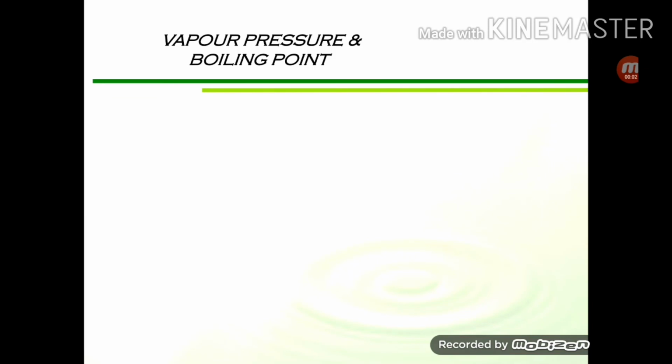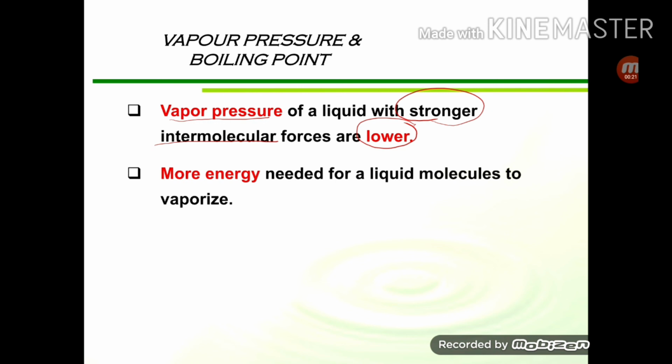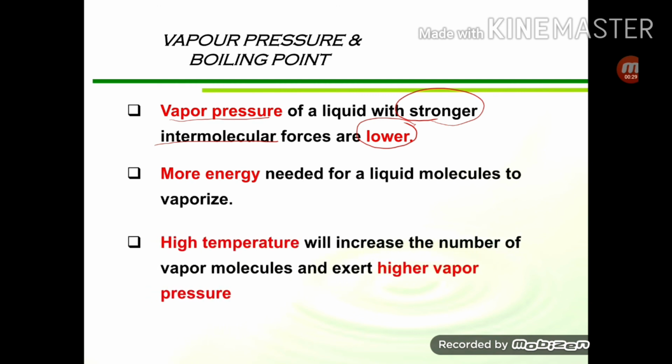Okay, now let's discuss the relation between vapor pressure and boiling point. Vapor pressure of liquid with a stronger intermolecular force is lower. This is because more energy is needed for liquid molecules to vaporize. So, at high temperature, it will increase the number of vapor molecules and exert higher vapor pressure.